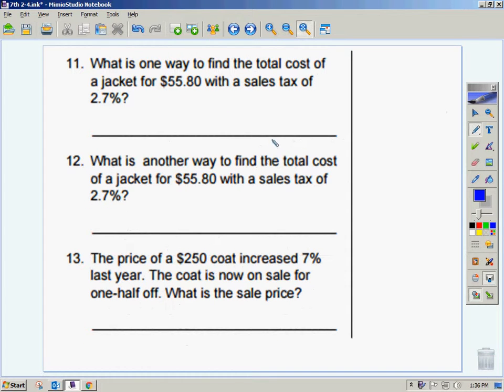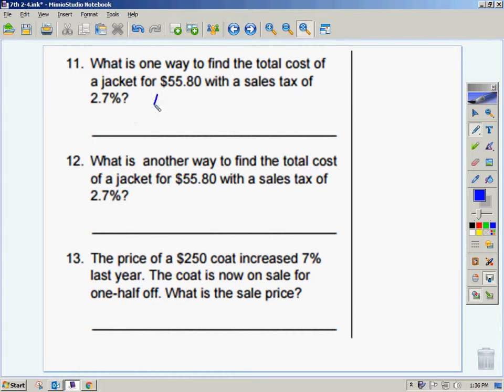Flip it over. Let's look at the back. Anytime it says what is one way to find something, just show how you'd find it. Don't try to write it out in words. How would I find the total cost of a jacket if the sales tax was 2.7%?